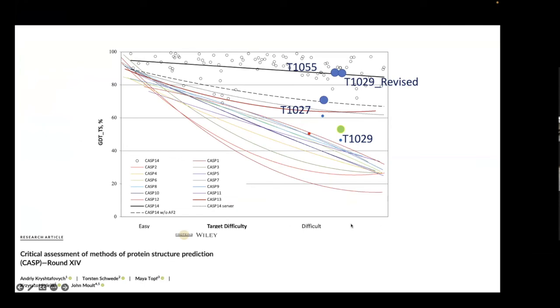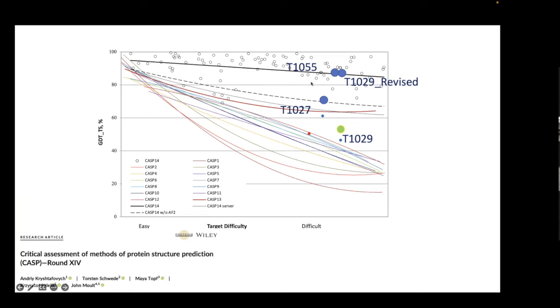Difficulty means, can you find a template for homology modeling? The open circles are the results from AlphaFold, and what they show is that most of the targets came in with GDT greater than about 80%.